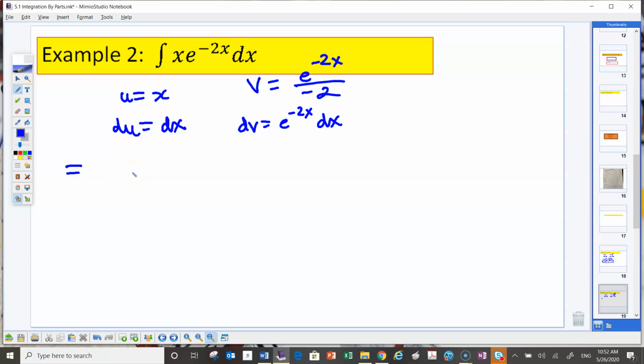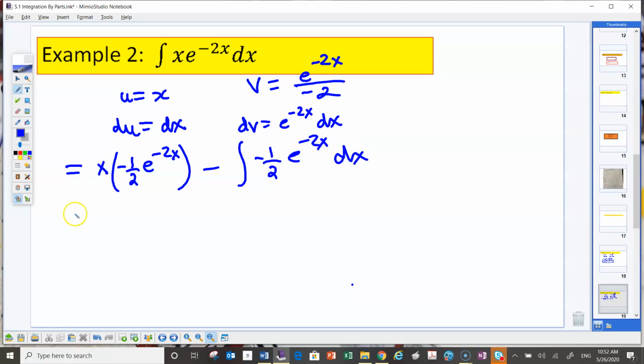So u times v is going to be x times negative 1 over 2 e to the negative 2x minus the integral of v du, which was dx. So cleaning this up, negative 1/2 x e to the negative 2x. I can bring the negative 1/2 out front.